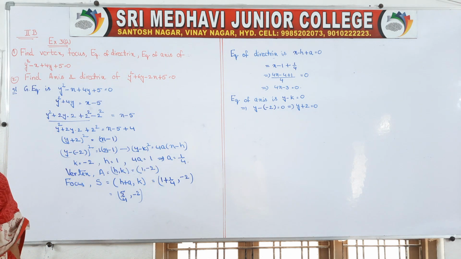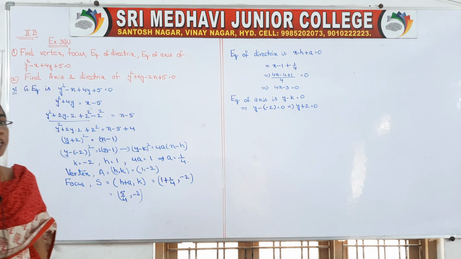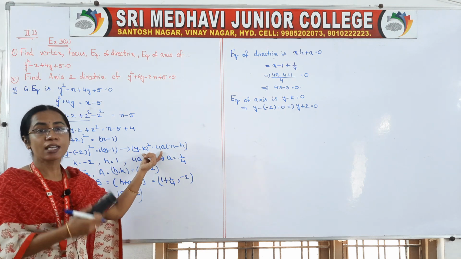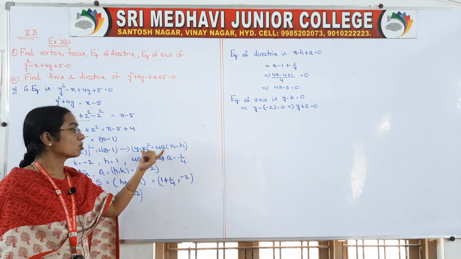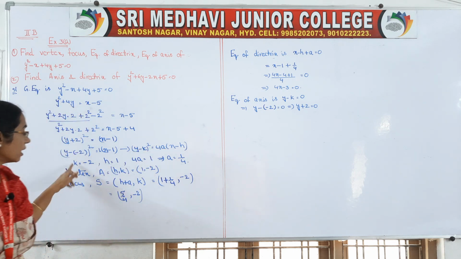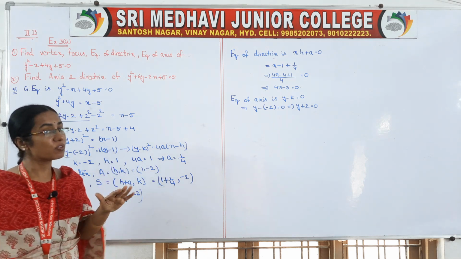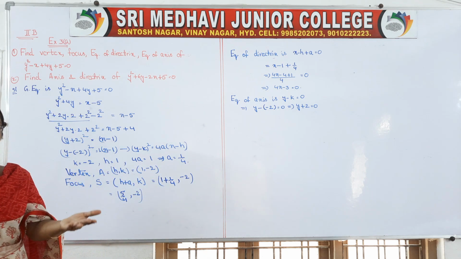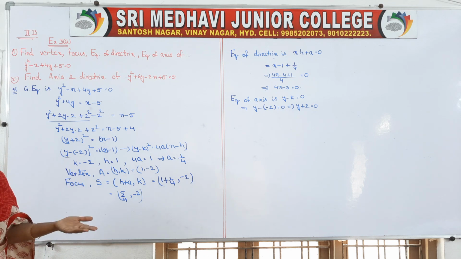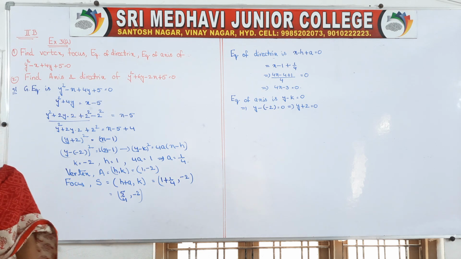This is the sixth form. In the list you got 8 various forms of parabola equations. In that, this one is the sixth one. So in this sixth one, when you get this, just compare and find out your k value, h value, a value. Once we get these 3 values, we can easily write the required values. What are the required values? Vertex, focus, equation of directrix and equation of axis.